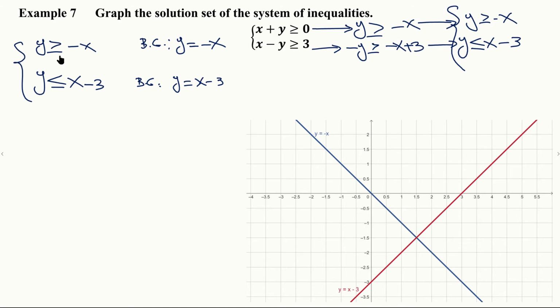So for the first one, you want the points in the plane that are on or above the boundary graph. For the second one, you're going to want the points that are on or below this boundary graph.